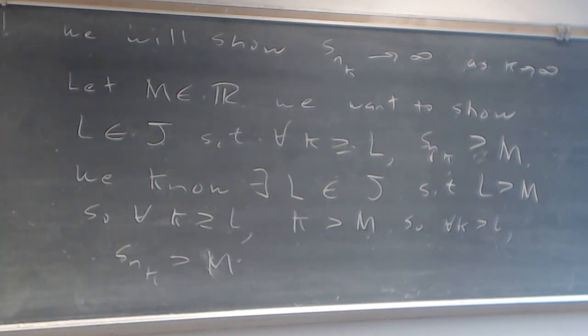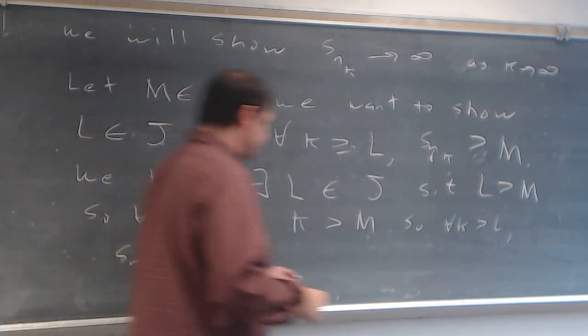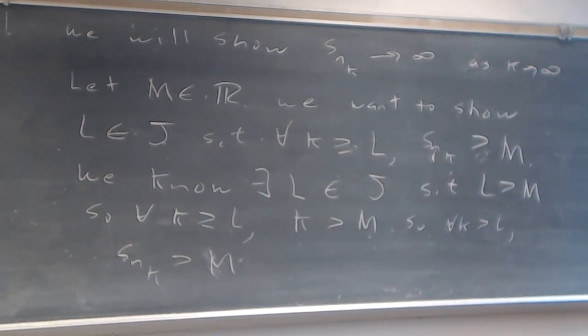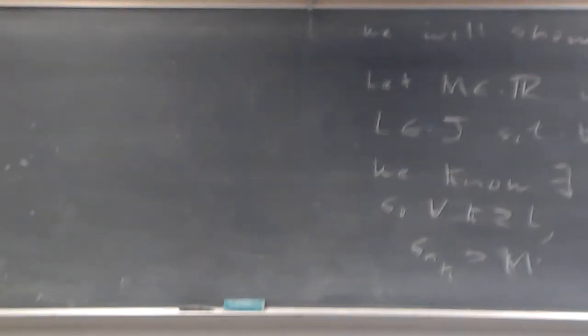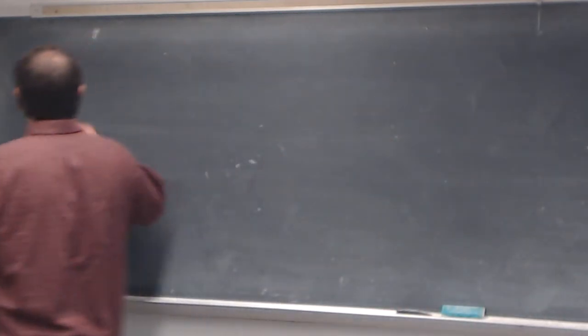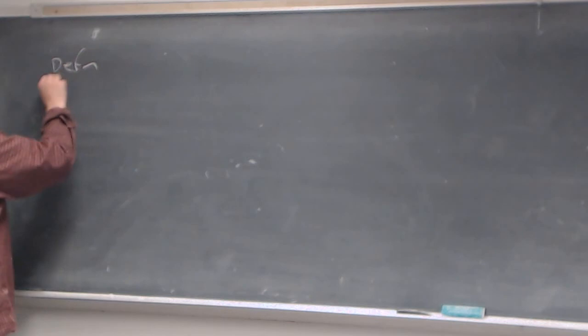I can't stand this piece of chalk. I'd like to write down the abstract definition and then do one for real numbers, where it's not so abstract. So here is the definition, I would say, recall.